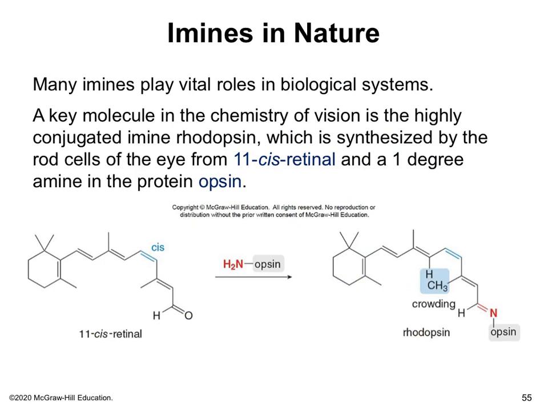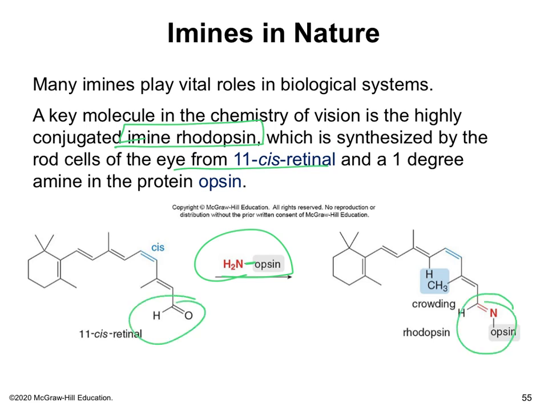Imines in nature, you'll see this in your conjugated rhodopsin. So rhodopsin has a primary amine, and it will form an imine. This is an imine. See the nitrogen double bond? It will form an imine with retinal, which is an aldehyde.